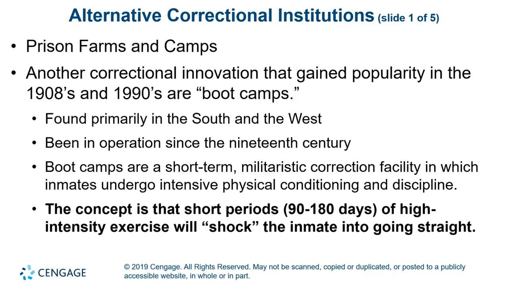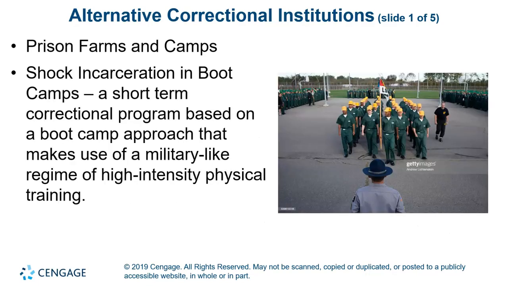The concept here is that short periods, 90 to 180 days of high-intensity exercise, will shock that inmate into going straight. Could be because of the rigors and the schedules that keep people on track. A lot of people need a schedule, and this is one place where individuals might get it.